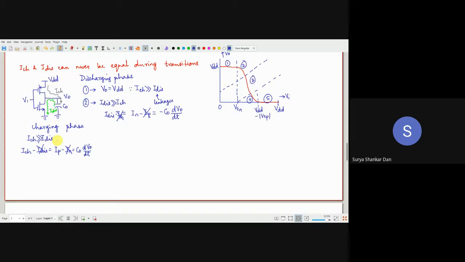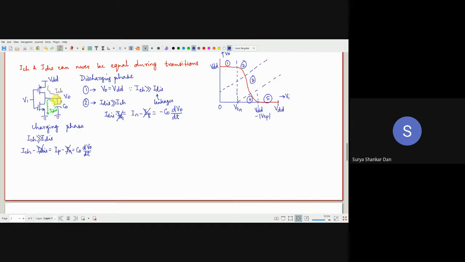But please keep in mind that during the transitions, both the transistors are switched on. That is the reason why you are having that transition. If during the transition I charge and I discharge are the same, then there is no question of any change in the output voltage. So the transition happens just because one of the two is exceeding the other.